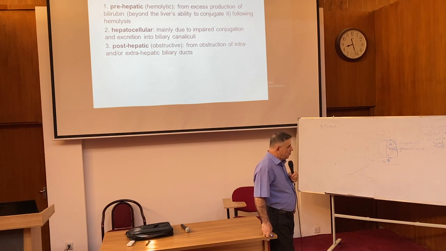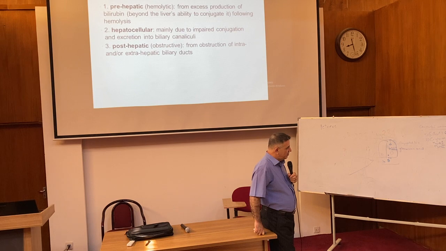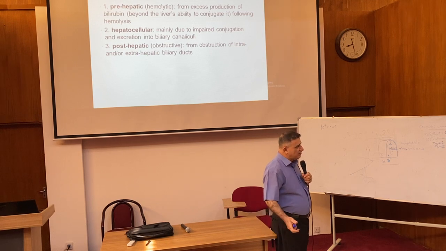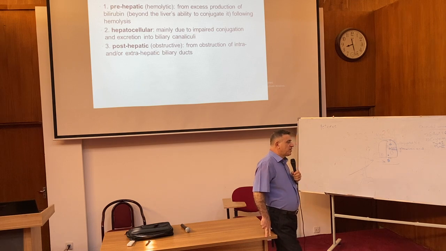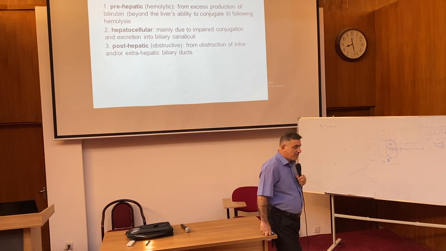Conjugation is impaired. Hepatocellular is a mixed type, conjugated and unconjugated. Congenital causes are usually prehepatic, a subtype of prehepatic. There is a decrease in the level of the enzyme, the liver cells are normal. There is no disease in the liver except for the level of the enzyme.